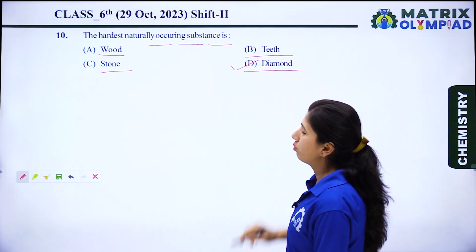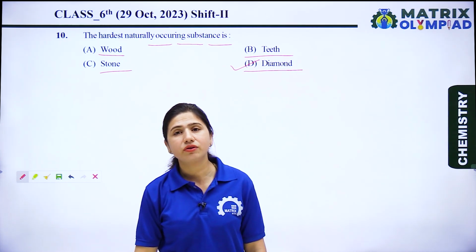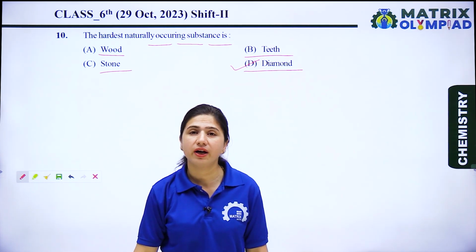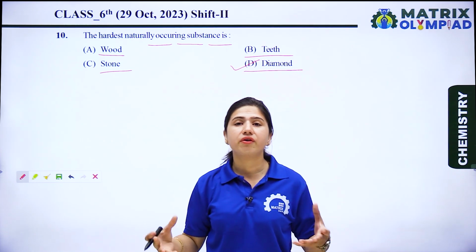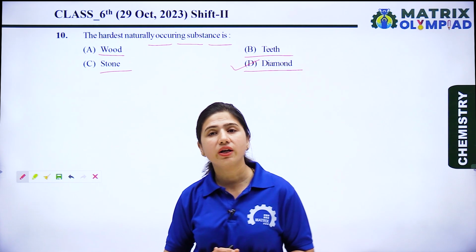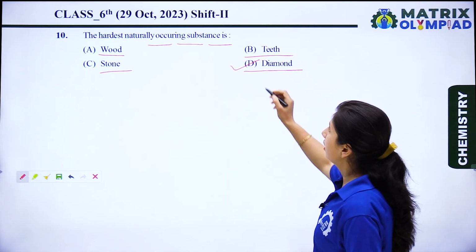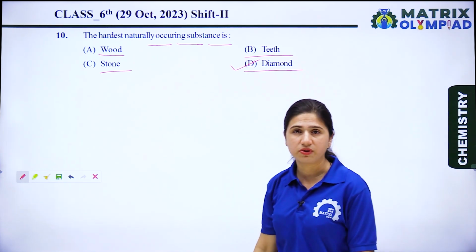Option D is the right option because diamond is formed by a rigid 3D structure of carbon atoms, and in that structure the carbon atoms are tetrahedrally arranged by covalent bonding, and these covalent bonds are so strong. Because of that, diamond is the hardest naturally occurring substance.